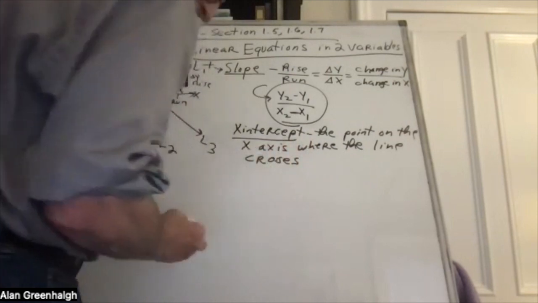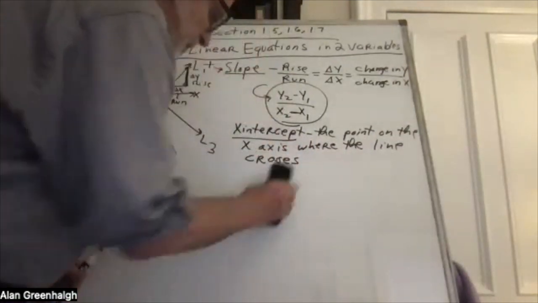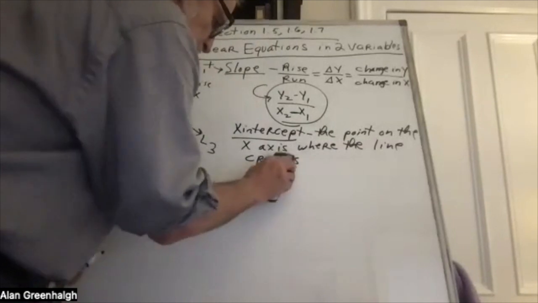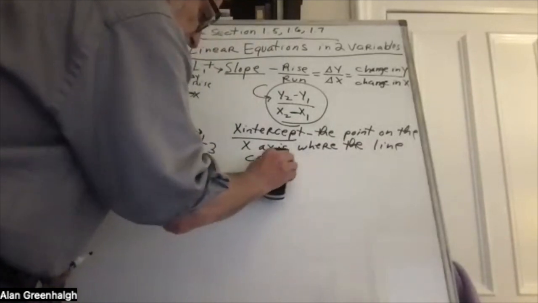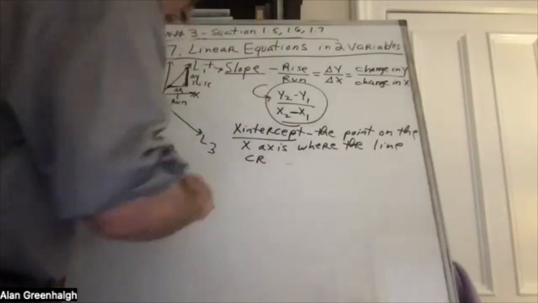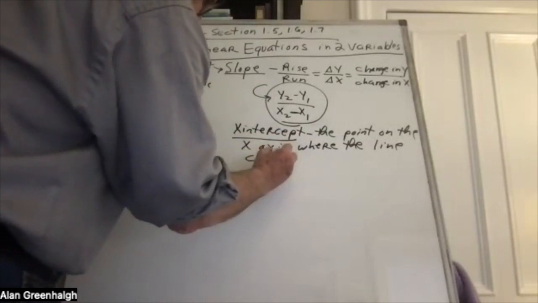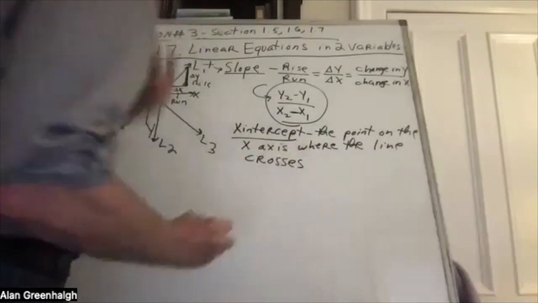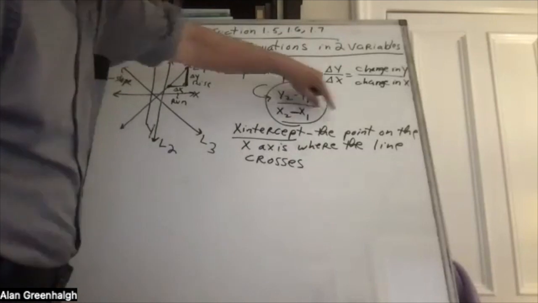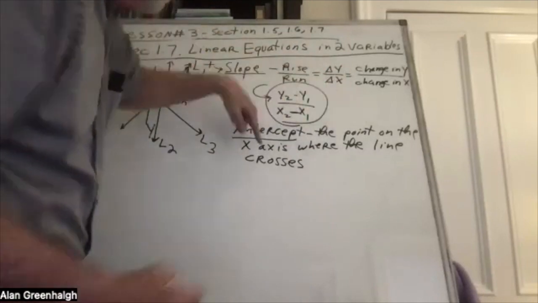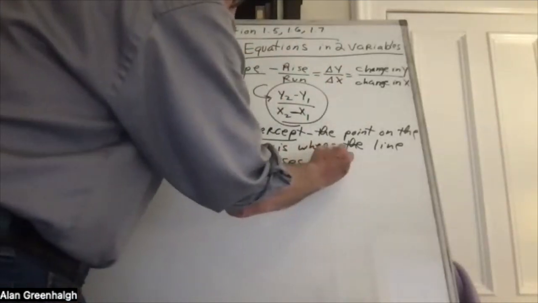There's two S's, not one S. Watch my spelling. My spelling is very erratic. So the x-intercept is the point on the x-axis where the line crosses the axis.